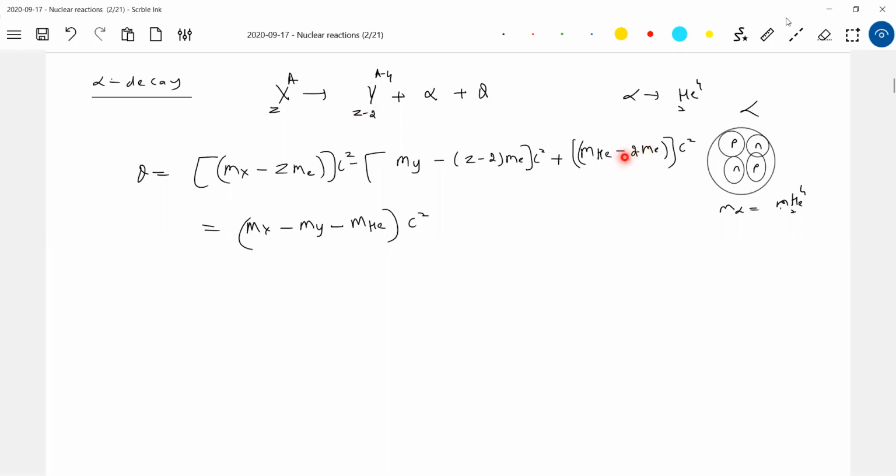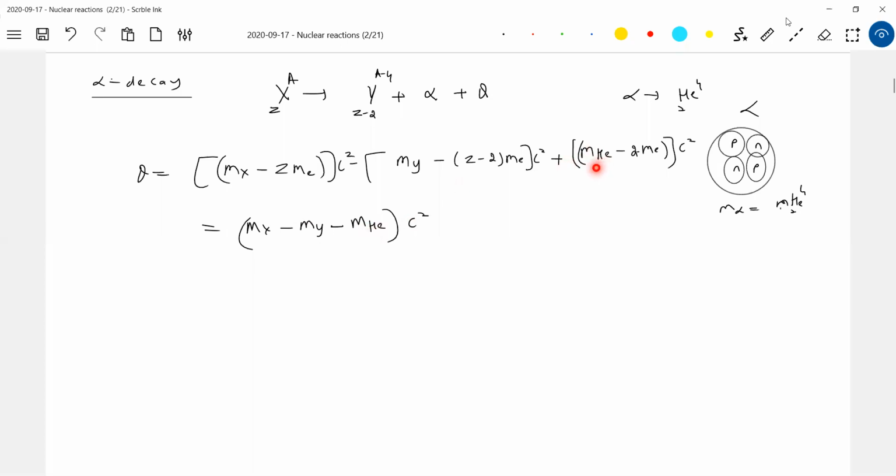Helium atom minus mass of electrons will become the helium nucleus. So everything here is the mass of helium atom minus mass of electrons, which gives the mass of the alpha particle. That's what we have substituted.